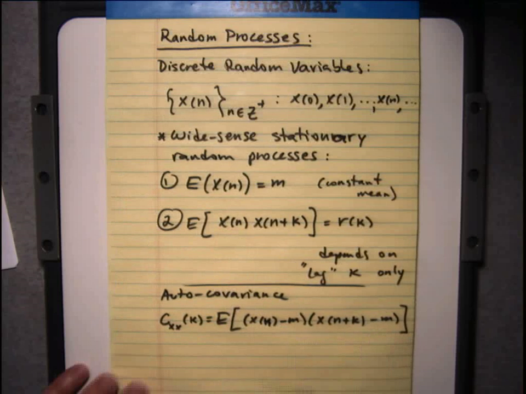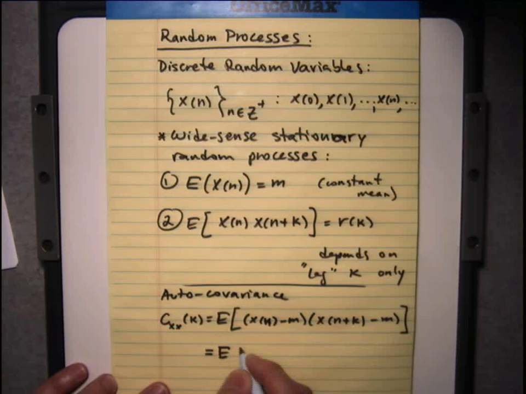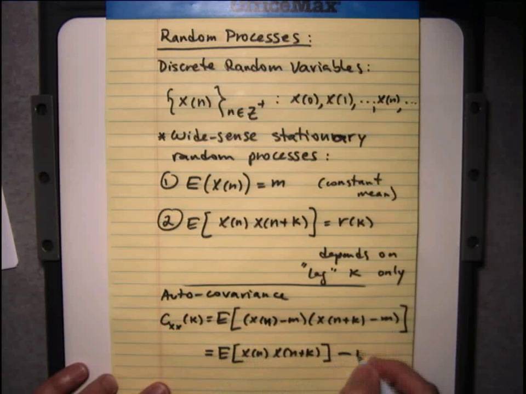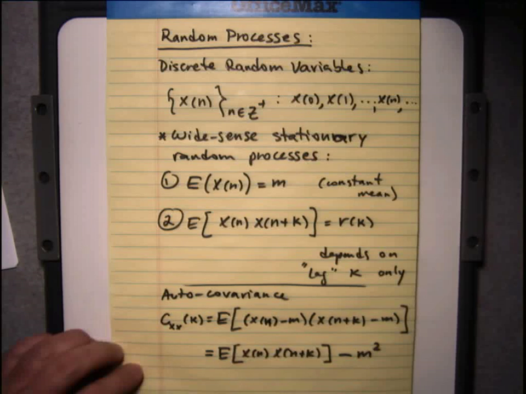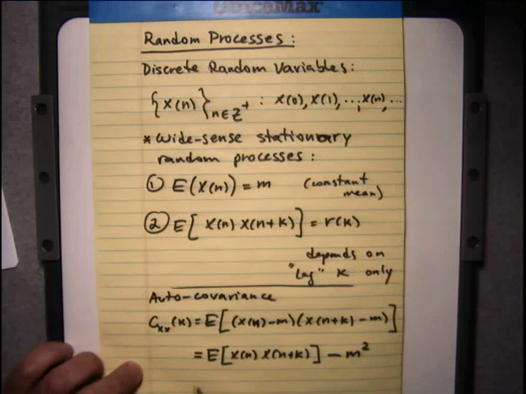So if we write this out, multiply it through and take expected values, after a couple of steps of algebra, this becomes the expected value of x of n times x of n plus k minus m squared. And therefore, this is just r of k minus m squared.